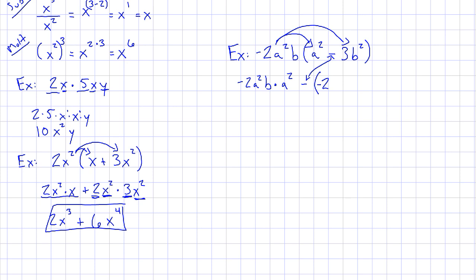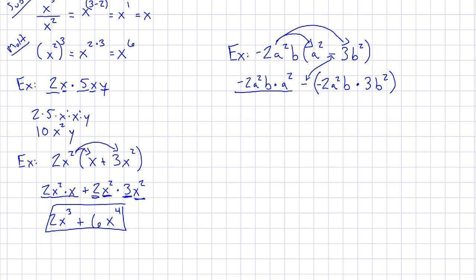And then I have negative 2a squared b times 3b squared. So be a little bit careful with the minuses. You don't want to write them down too many times. I'm taking the minus straight down for the subtraction there, but then I keep that negative in front of the negative 2. Then I can go ahead and combine exponents in order to simplify the expression.